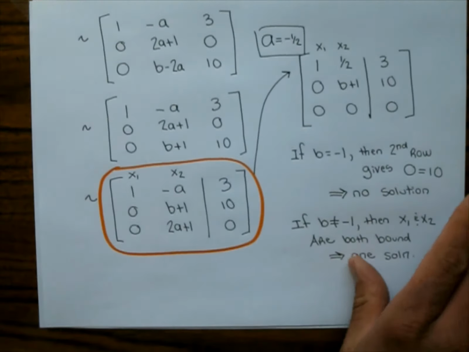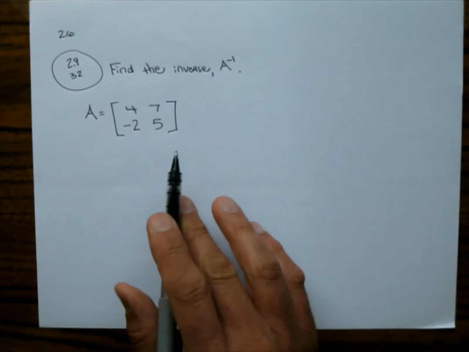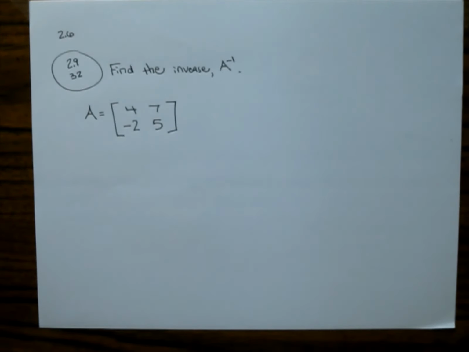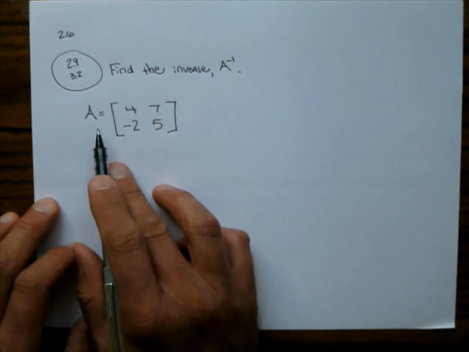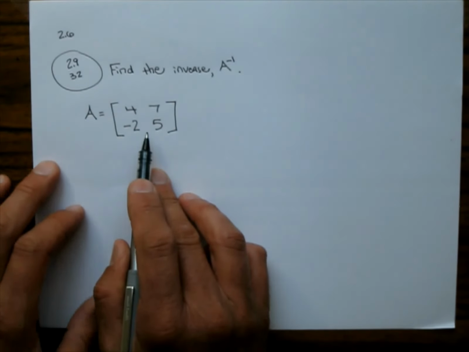We're going to go ahead and continue our way through Chapter 2. Our next Chapter 2 problem is this one right here. So go ahead, pause the video, see if you can find the inverse, A inverse. Okay. So to find the inverse of this, I would highly suggest with 2x2 matrices that you do the shortcut that we derived in Chapter 3.